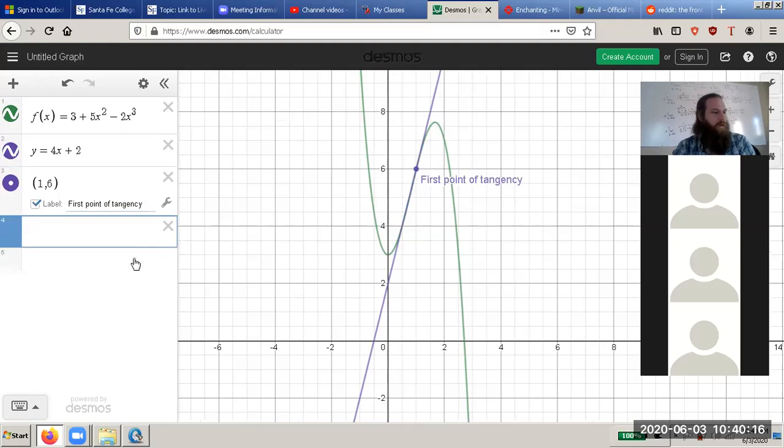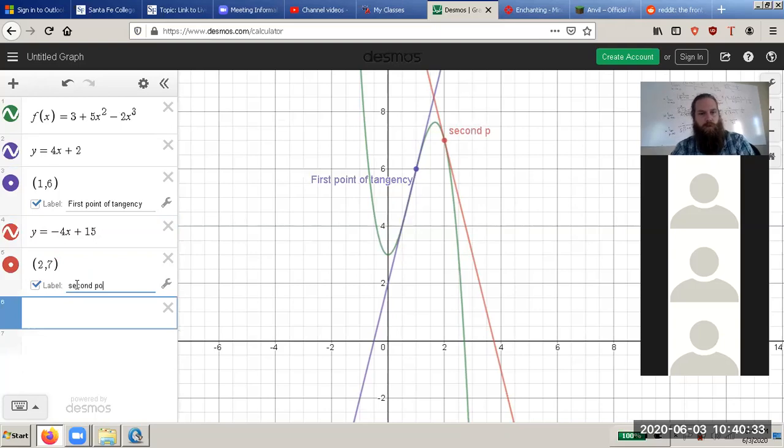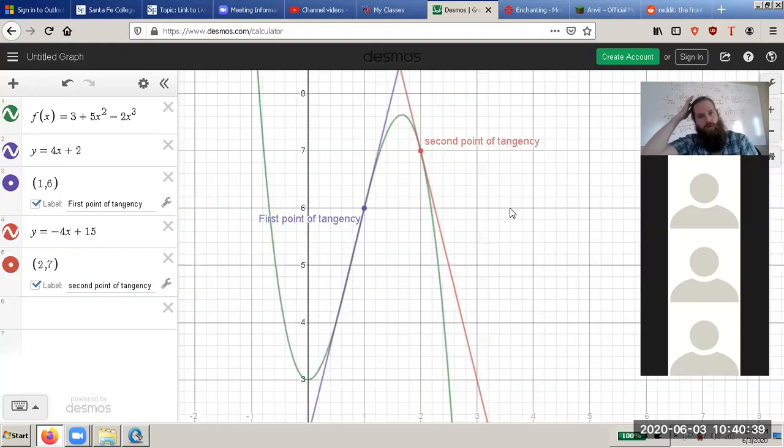And then the other one is y equals negative 4x plus 15. And it's at 2 comma 7. That's our second point of tangency. So this is the picture you're after.